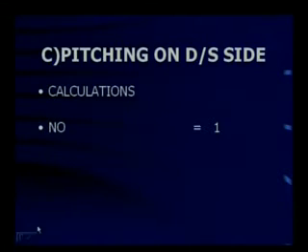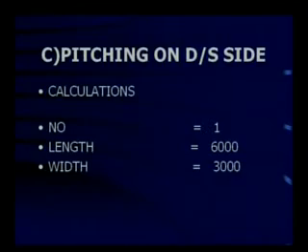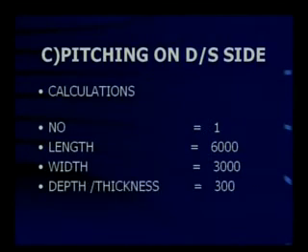You have one number of apron on the downstream side. The length is same as usual, but here is a small change in width, because usually, as I have told you, the width of apron on the downstream side is slightly more. In this case, it is 3 meters or 3000 mm. What is the thickness? It is 300 mm. Now, do we tabulate them?